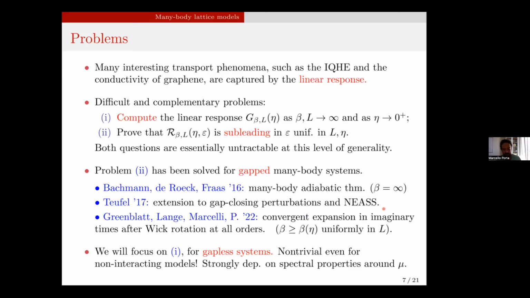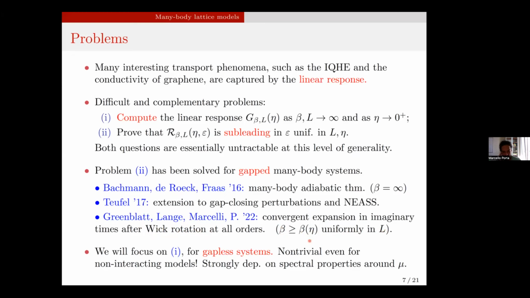This is something for which there are much better estimates than in real time, and this connection between real and imaginary times is rigorously proved using a version of the Wick rotation at every order in this Duhamel expansion. The bonus of that is that it holds also at small positive temperature, uniformly in the size of the system, but the temperature has to shrink when the adiabatic parameter goes to 0.